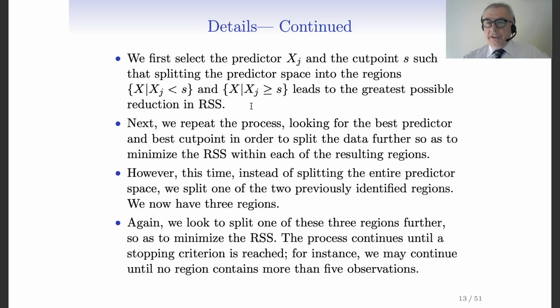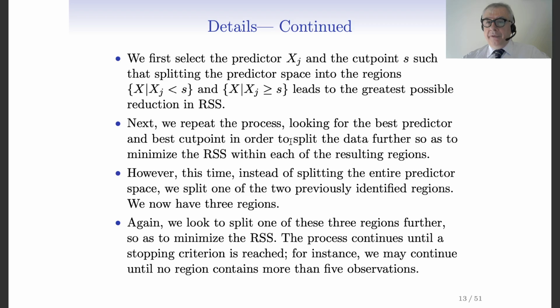Once this has been done, I can repeat the process, of course. So nothing has changed. So I can go on in the same way. So I have all the predictor variables as candidates for being split, and I explore each of them.